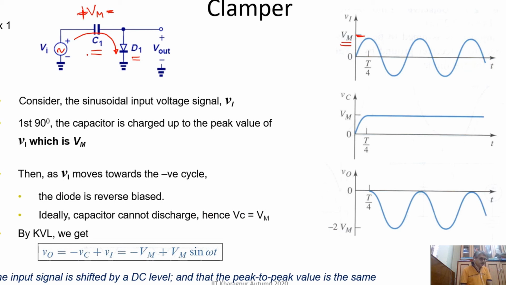Once the input signal starts going down from this point, you see the diode will be reverse biased. If I draw this, this is my Vm.